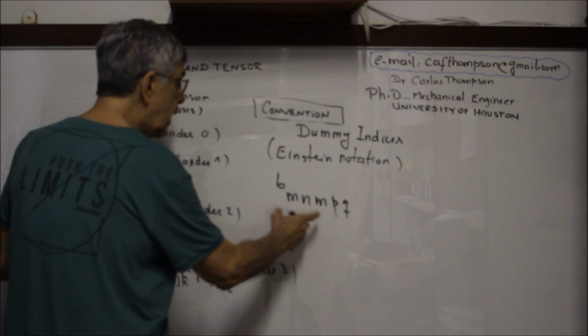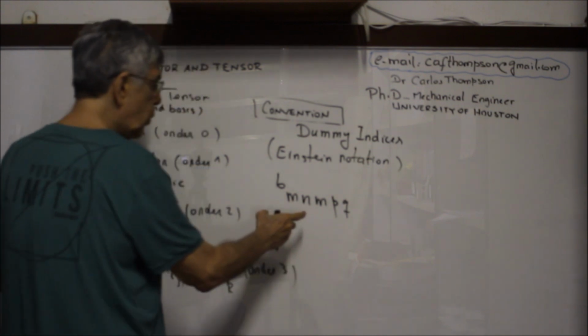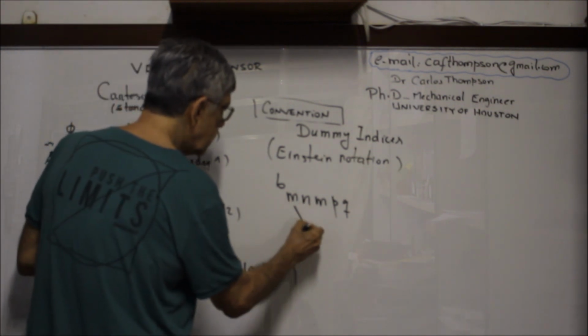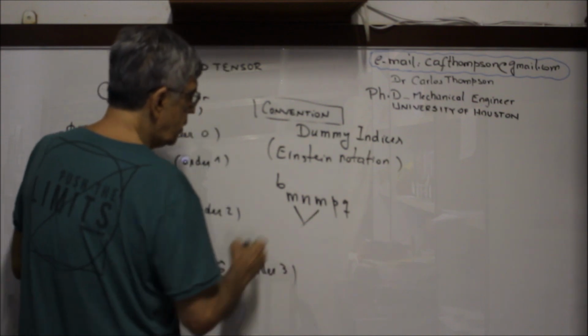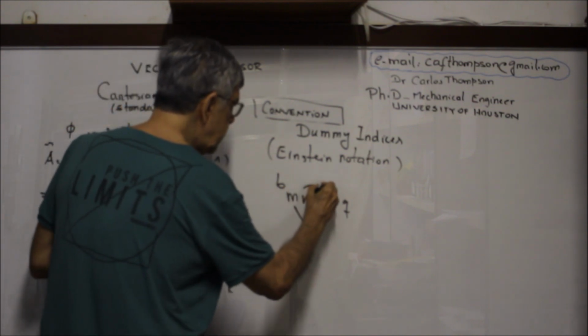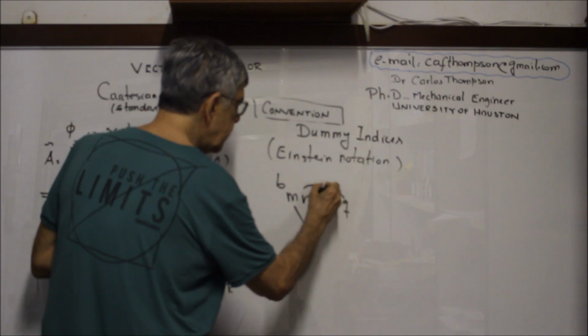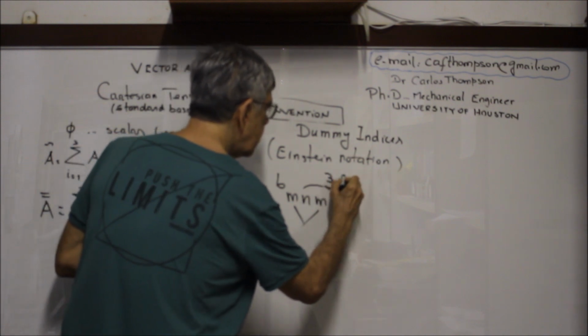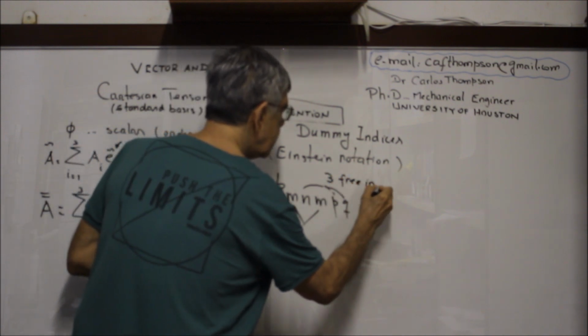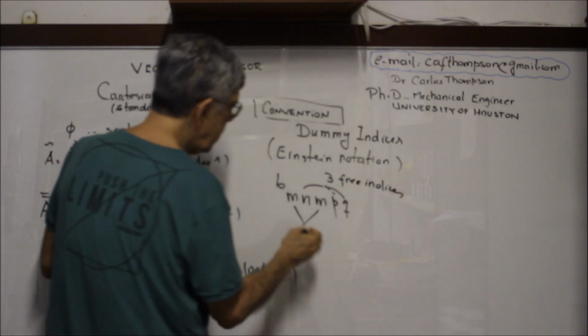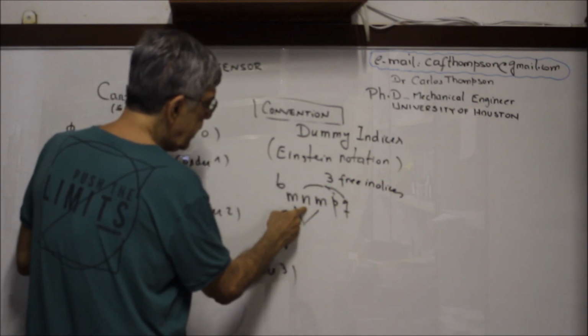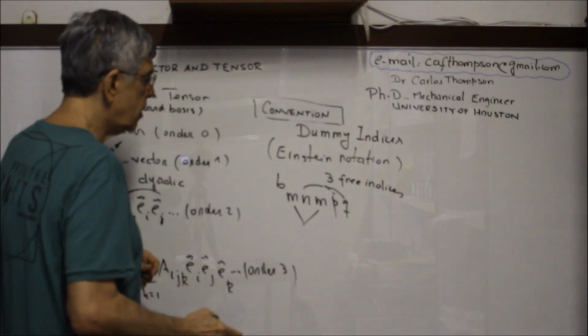How many dummy indices do we have here? Only one, it's m. So n is free, p is free, and q is free. So you have 3 free indices: n, p, and q.